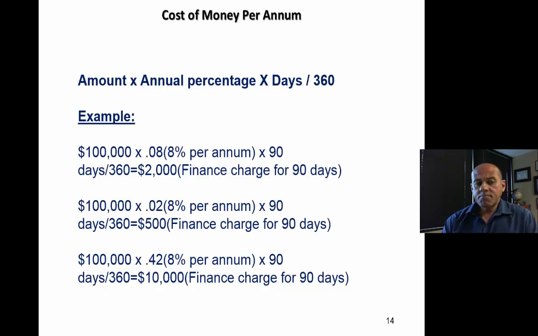So if we look at an example, let's take $100,000. Let's say we're borrowing from a bank at 8%, so we go 0.08. The average international transaction is 90 days. So let's use 90 days and now divide by 360. In this example, we have $2,000 of cost at 8%.